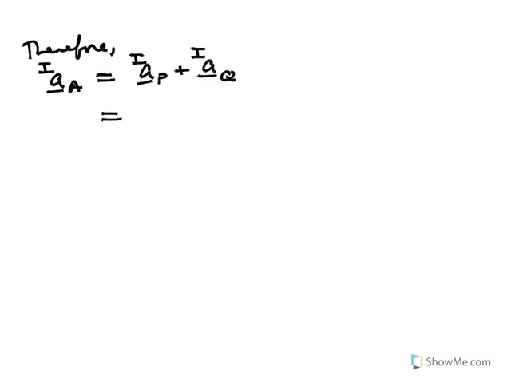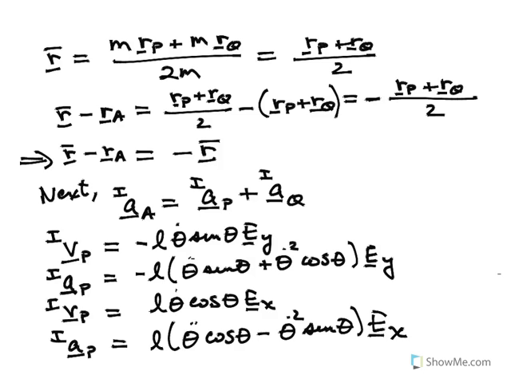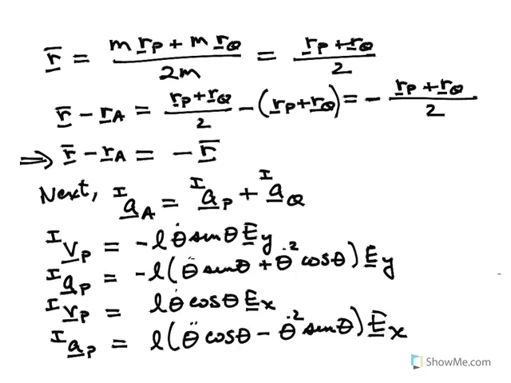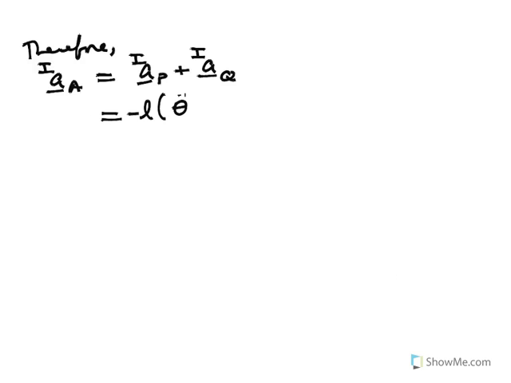So therefore, the acceleration of point A in the inertial frame, which is equal to the acceleration of P in the inertial frame plus the acceleration of Q in the inertial frame, is equal to, if we write this down, minus L times theta double dot sine theta plus theta dot squared times the cosine of theta times Ey.